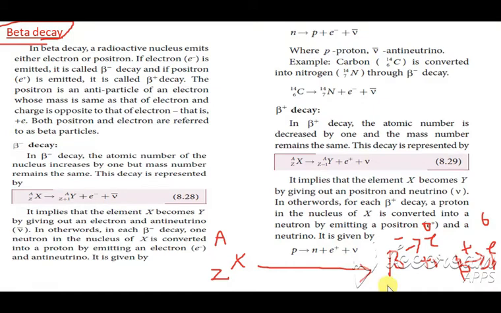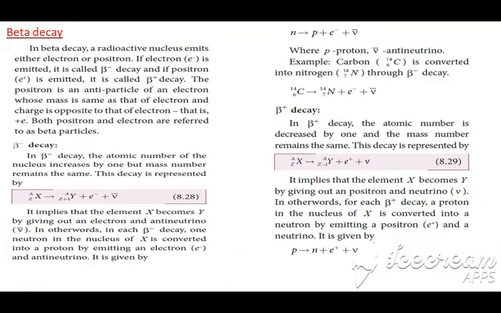So we have two types of beta decay, beta plus and beta minus. If an electron is emitted, it is beta minus decay, and if a positron is emitted, that is beta plus decay. Electron and positron are referred to as beta particles.